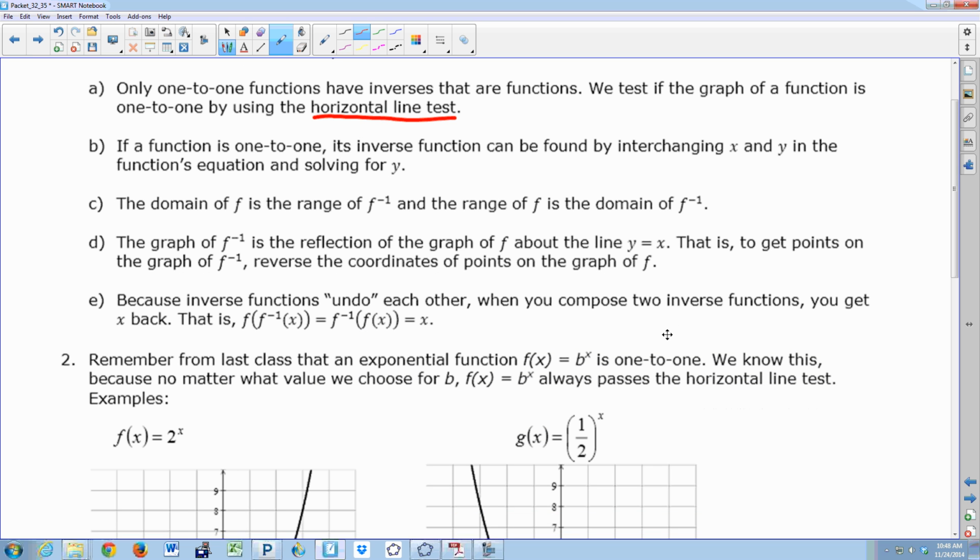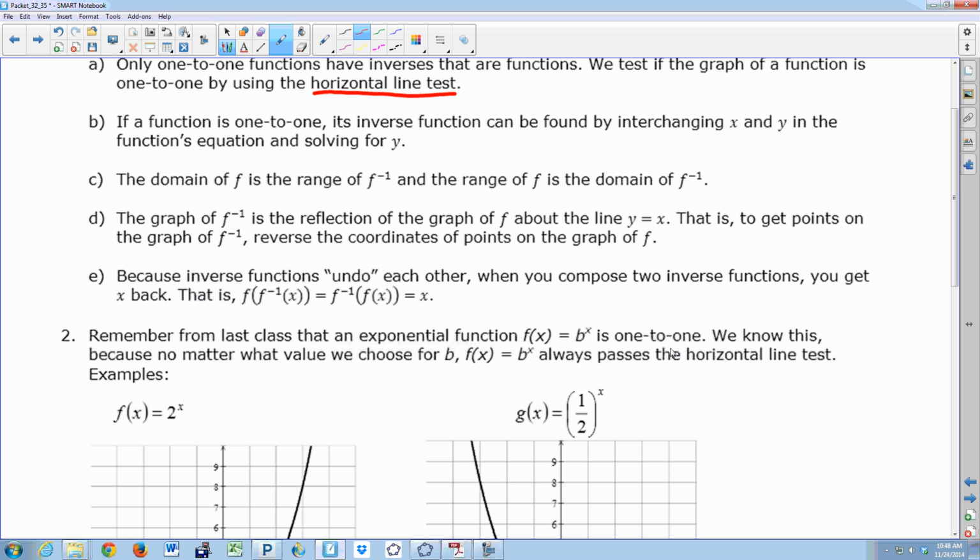And finally, E. Right, very good. So anytime, no matter how funky they look, which they're going to start looking a little funky in about 20 minutes, if you compose a function and its inverse, no matter which order you do it, you always come back to your original input, x.